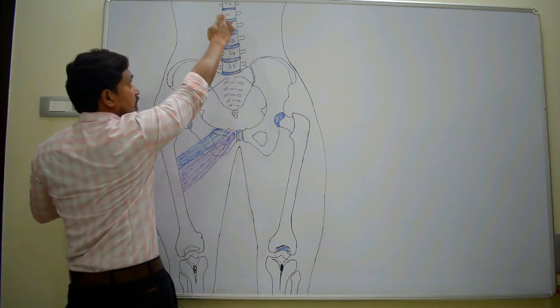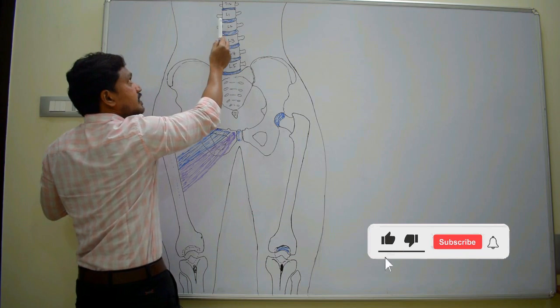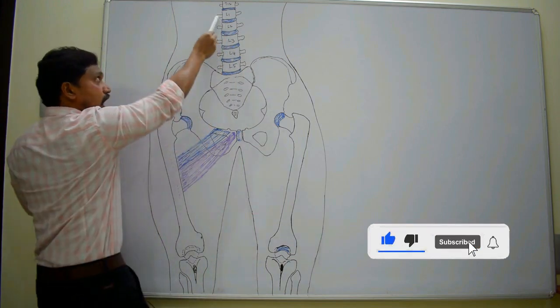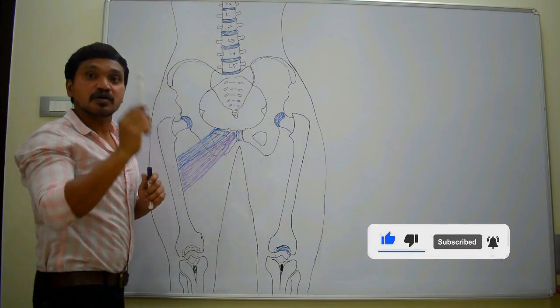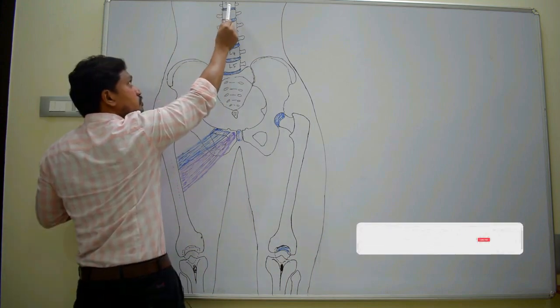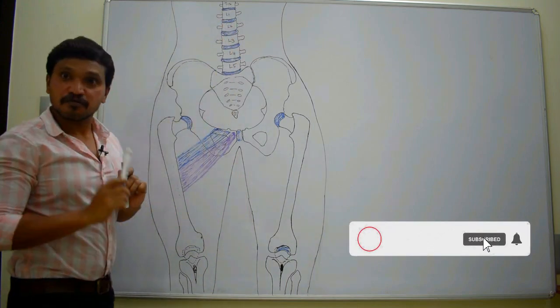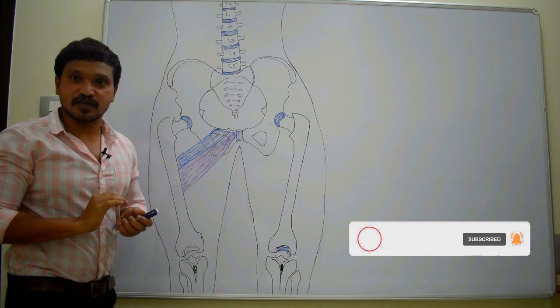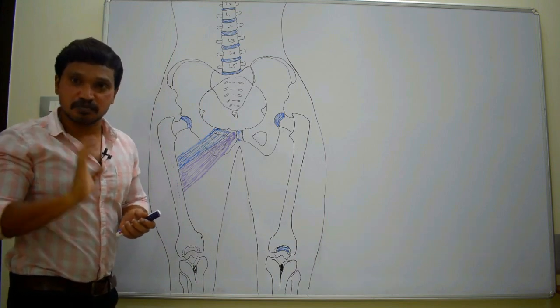Then these are the lumbar vertebrae. From the anterior aspect of the transverse processes of all lumbar vertebrae and the bodies of 12 thoracic vertebrae and all lumbar vertebrae, one muscle is taking origin. What is that muscle? Psoas major muscle.